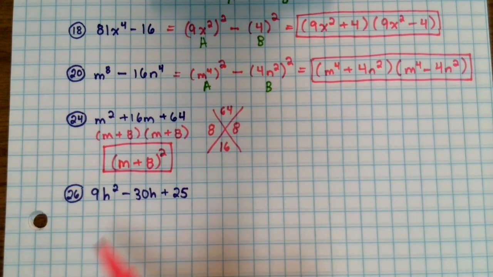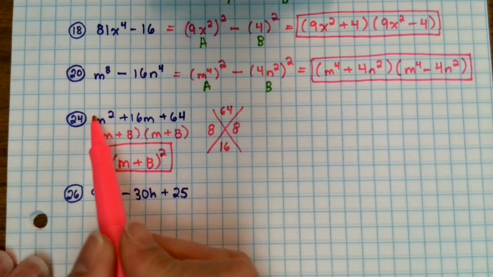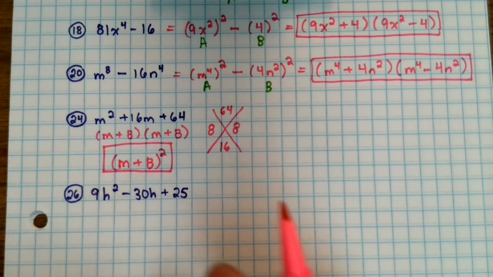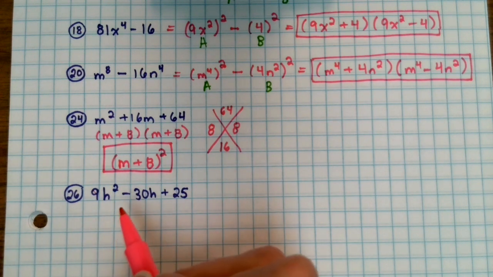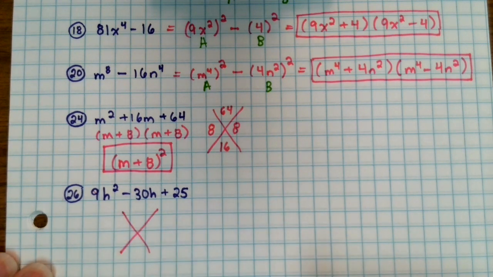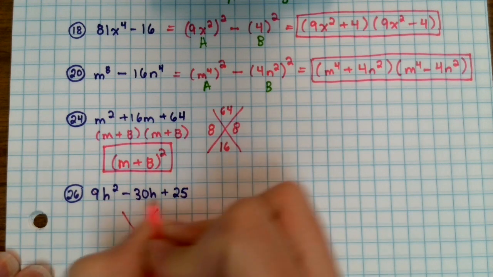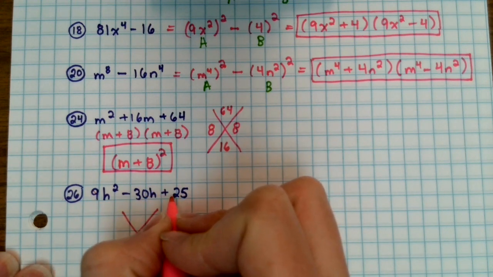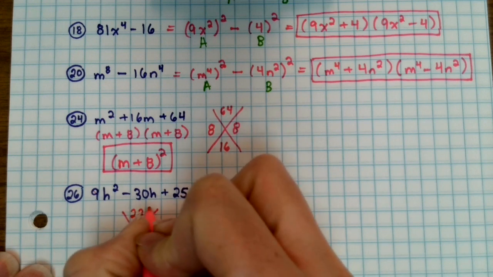This one here now goes a little bit further, because instead of having a 1 in front of our first term of this trinomial, we actually have a 9. So this is where we can use that AC method, which involves factoring by grouping as well. So to start off, we can again use our strategy of using our X method to help organize our thoughts. We're going to do 9 times 25, so A times C. So 9 times 25 is 225.